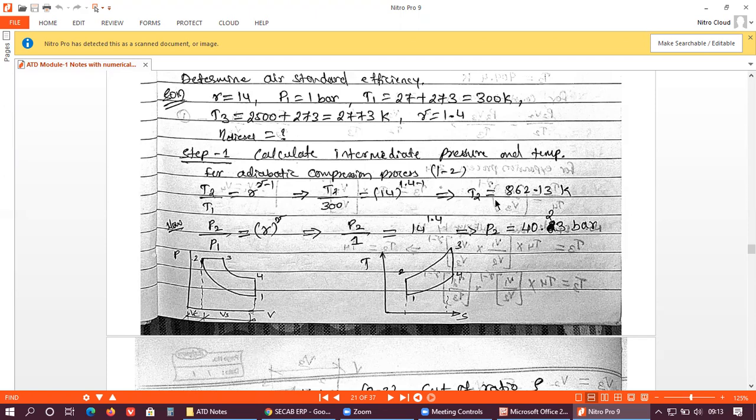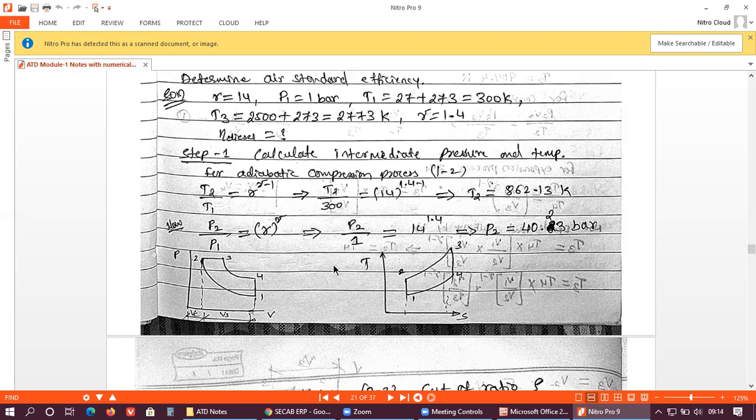So we'll get the value of T2, that is 862.13 Kelvin. This is the temperature at this point. No doubt the entropy will remain constant here. So we have calculated T2, which is 862.13 Kelvin.